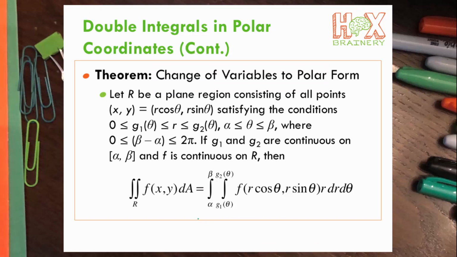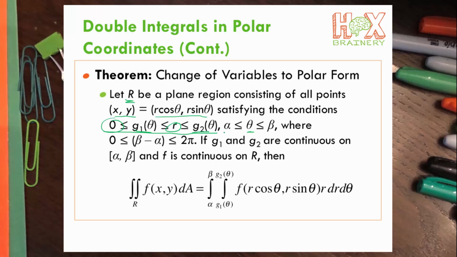All right, here's the theorem for the change of variables to polar form. This is a theorem we're going to use when we convert to polar coordinates. Let R be a plane region consisting of points x, y equal to r cosine theta, r sine theta, satisfying these conditions. The first condition says that your radius is between these two curves, and they're also not negative.